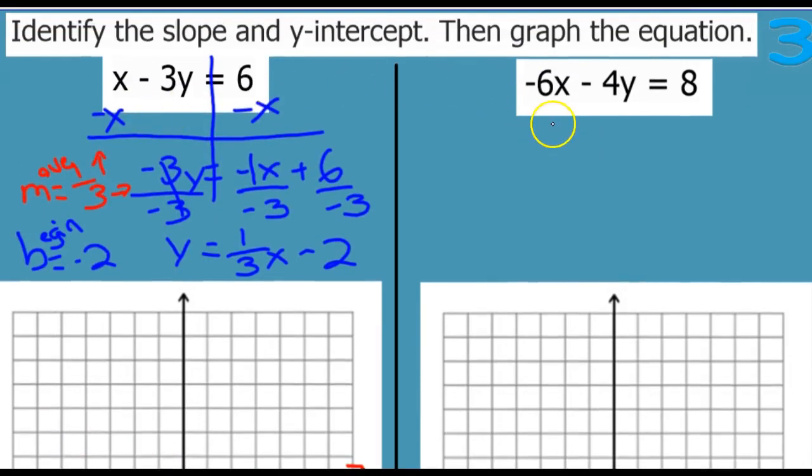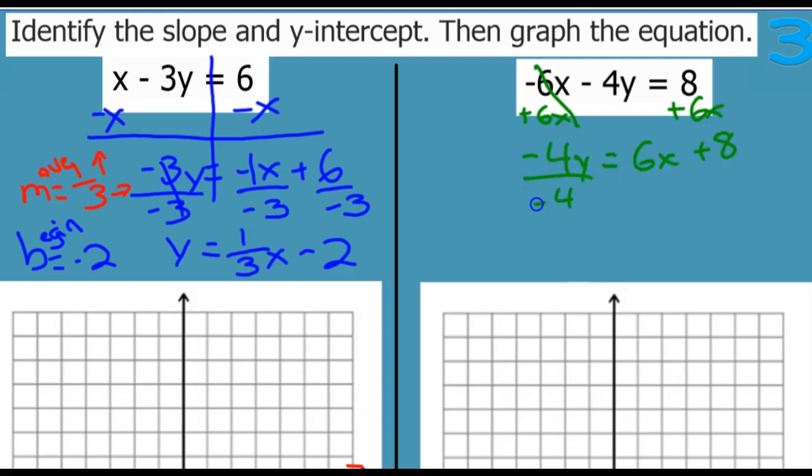Our equation over here, we have a negative 6x minus 4y equals 8. So I'm going to get this 6x over to the other side by adding. Get negative 4y equals 6x plus 8.